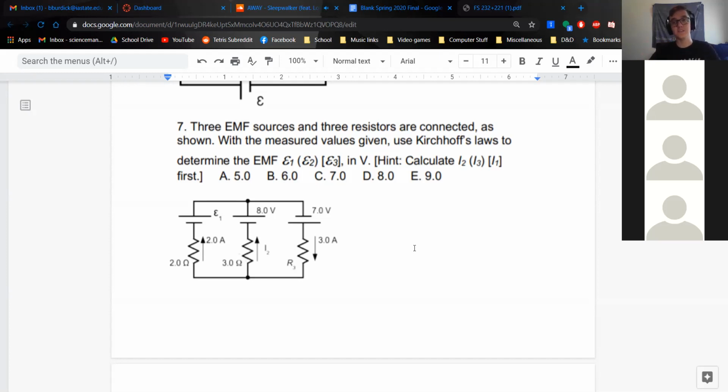The loop rule says that if I make a full loop, I have to have a net voltage of 0. So 0 is equal to E1 minus V minus 8. You have to be careful with your signs, because there's a plus or minus 8 here, and then a plus or minus I2 times something like that. Hopefully that jogs your memory a little bit.